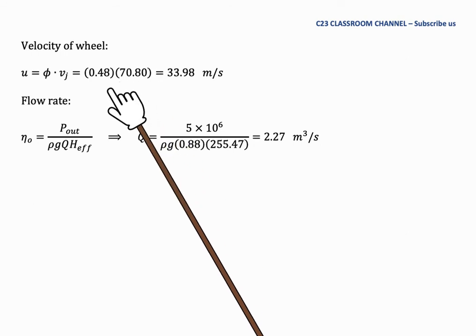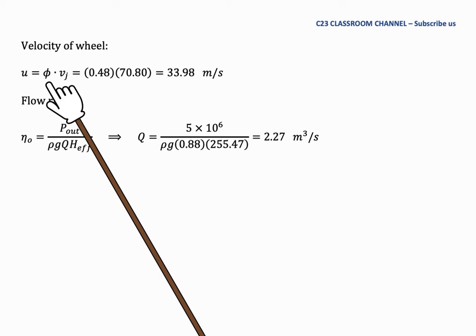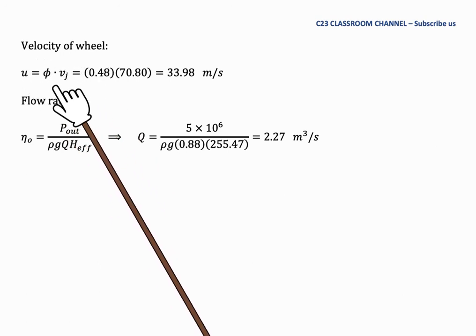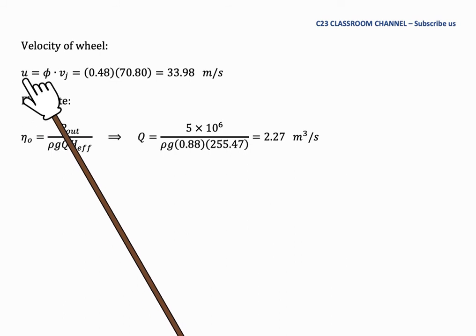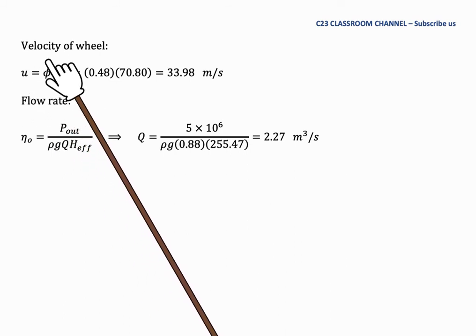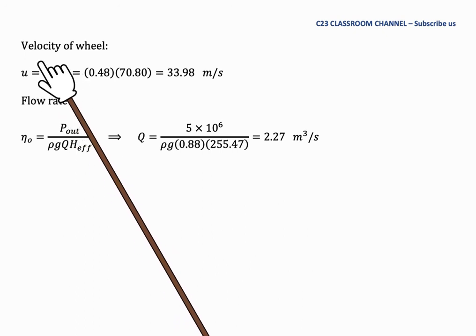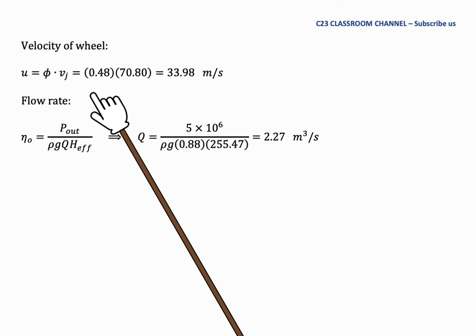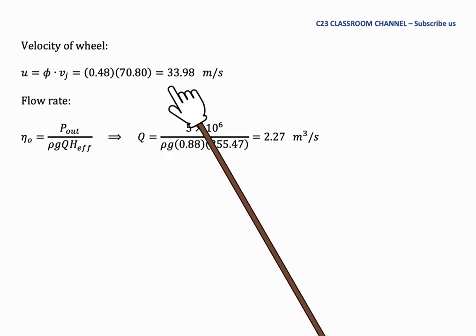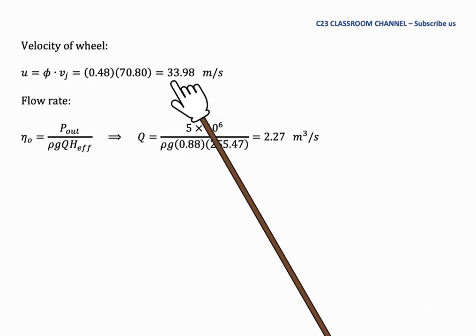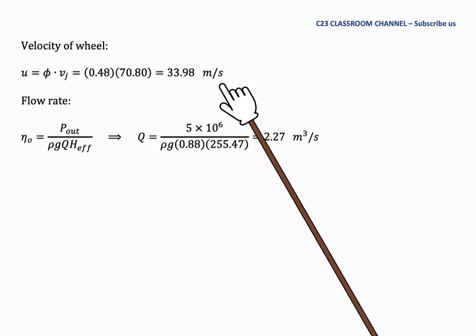Next, because we already know the speed ratio, we can calculate the velocity of the wheel by using this equation. U is equal to phi times Vjet, because we learned in the previous lesson that phi is equal to U over Vjet. We substitute the value, and we get the velocity of the wheel as 33.98 meters per second.